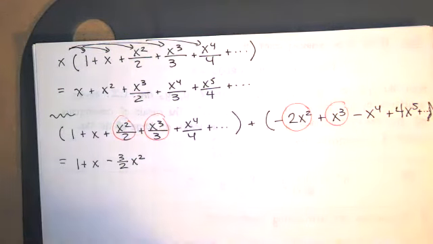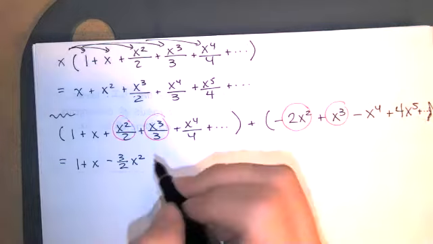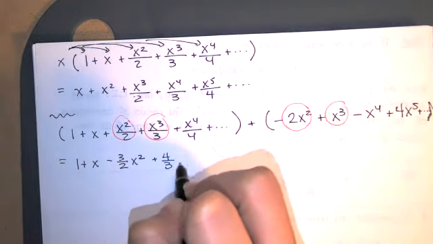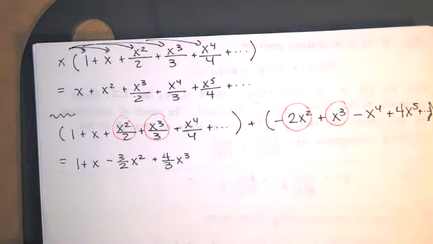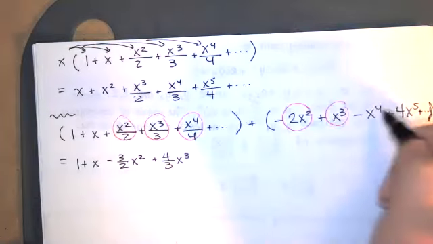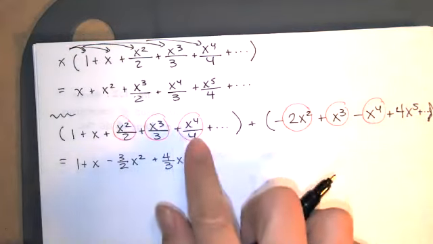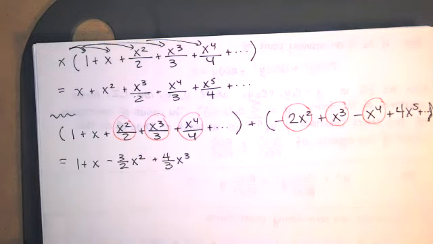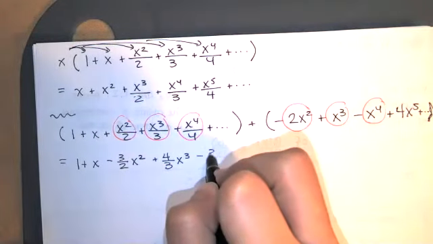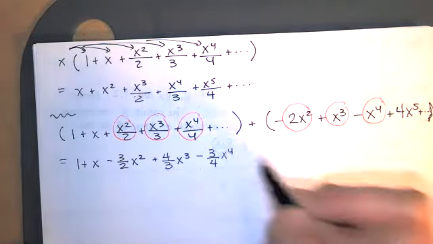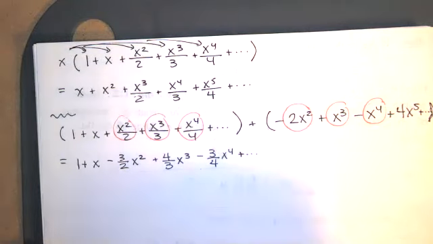If I've got 1 of these and then I'm adding a third, that means I'm adding 4/3 of those. If I've got 1/4 of an x to the fourth, and I'm subtracting 1 of them, that's going to give me a -3/4 times x to the fourth. And we keep going.